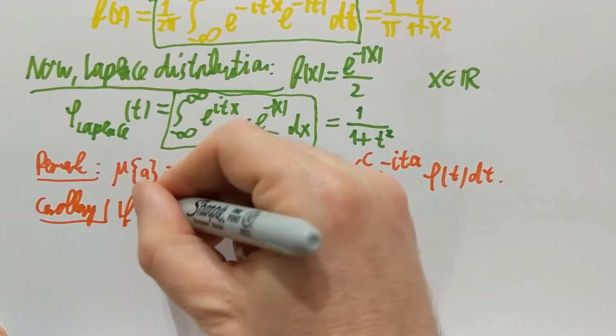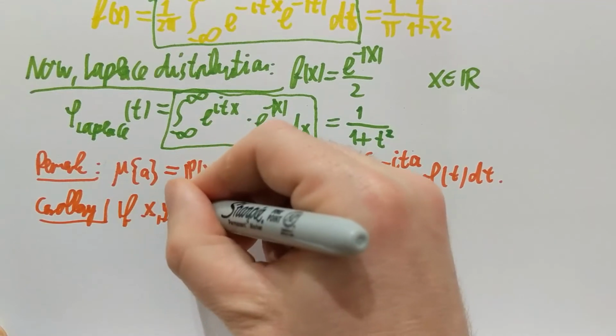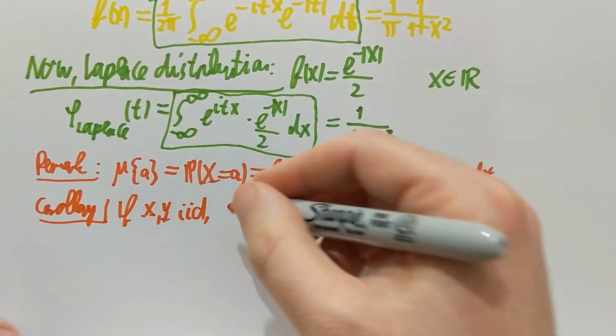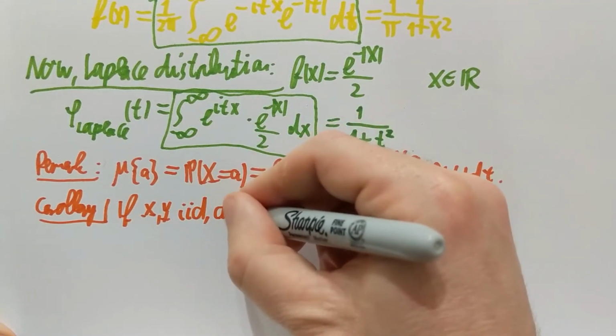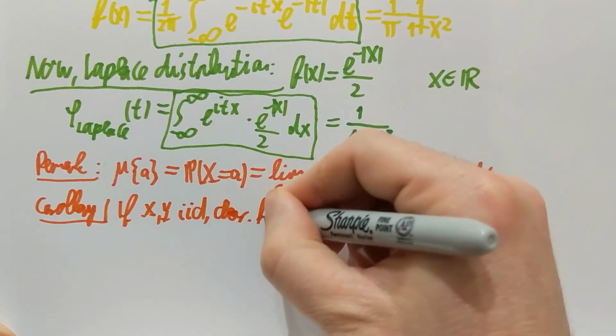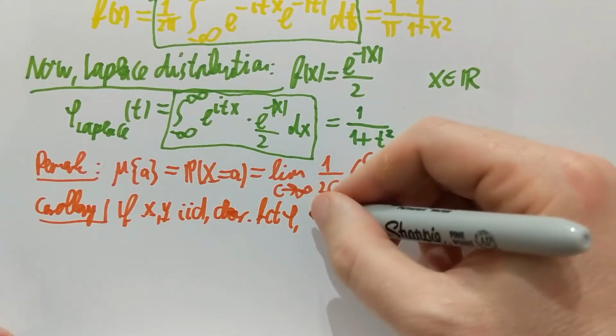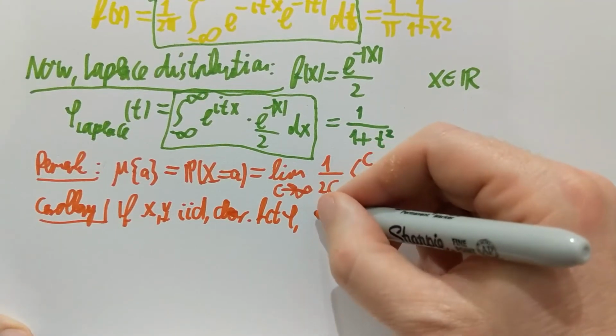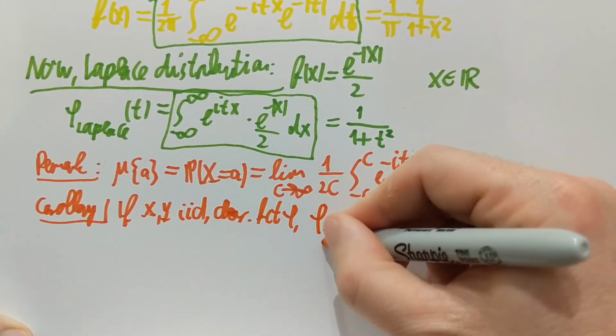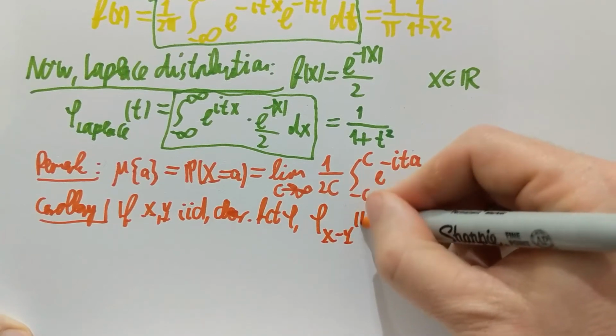if x and y are IID and they have characteristic function phi, then let's find out the characteristic function of x minus y. So what is phi of x minus y?